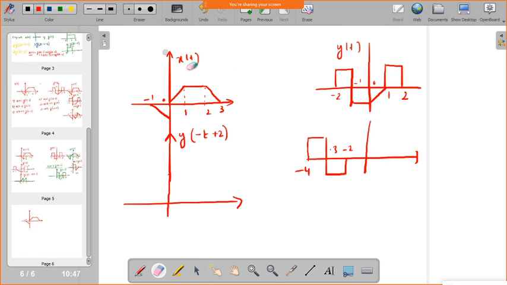So till minus 2 you will be having this, and from minus 2 to minus 1 you will be having the ramp. And then from minus 1 to 0 you will be having the signal. So this is minus 1, this is 0. You got this y of t plus 2.